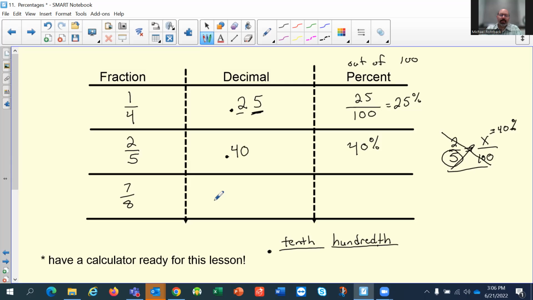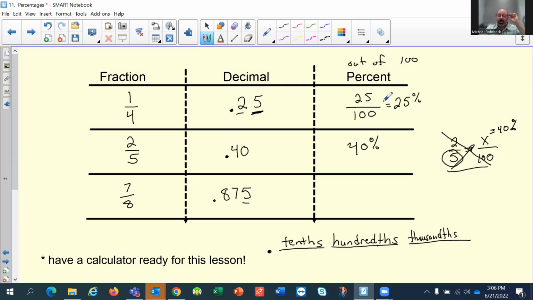This time you get a 3-digit answer. It's 0.875, which is 875 thousandths, because the third place is thousandths. Anything with a TH: tenths, hundredths, thousandths, it's a decimal place.